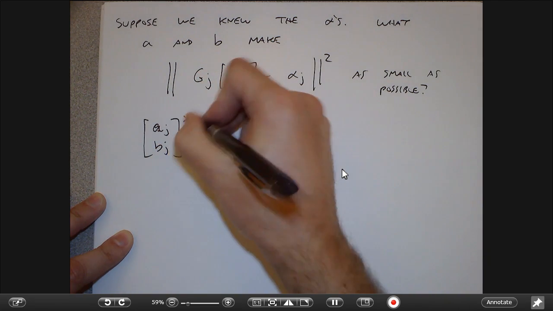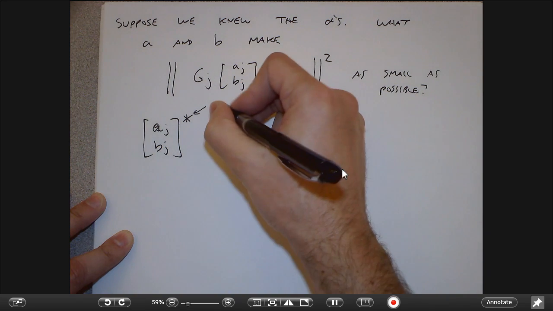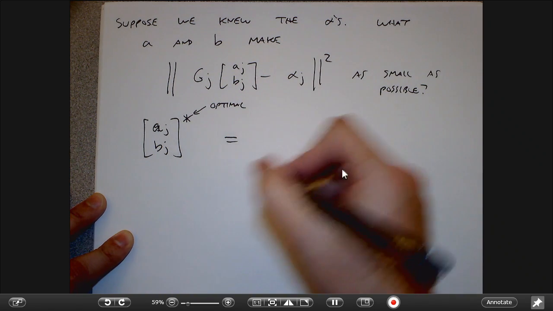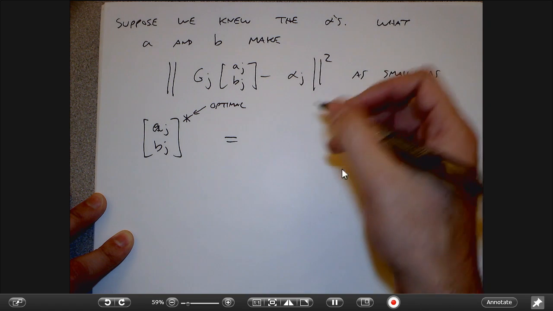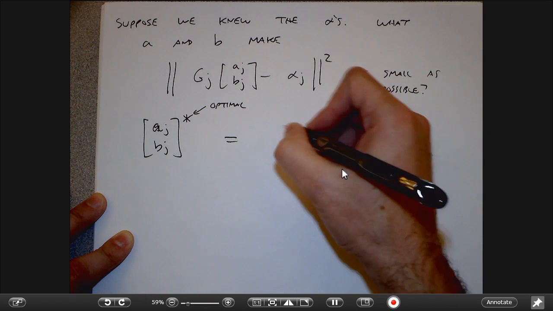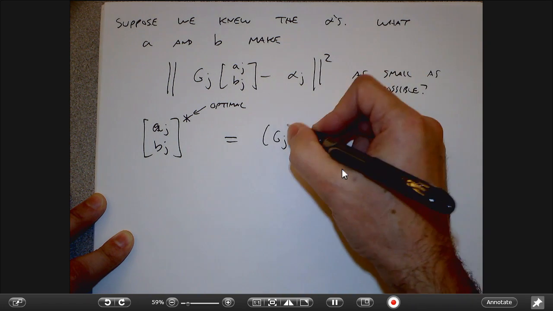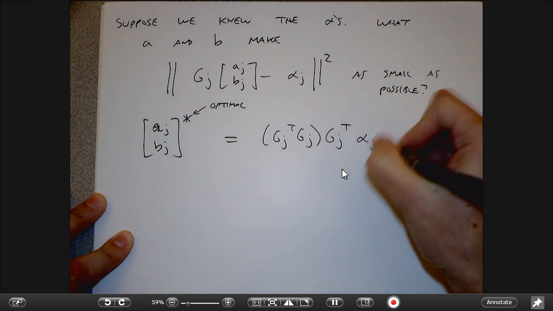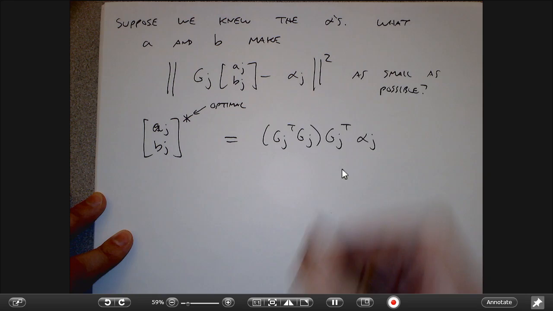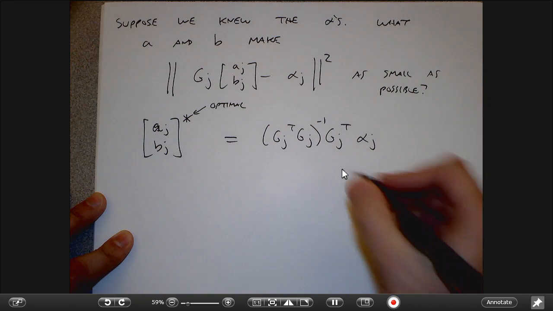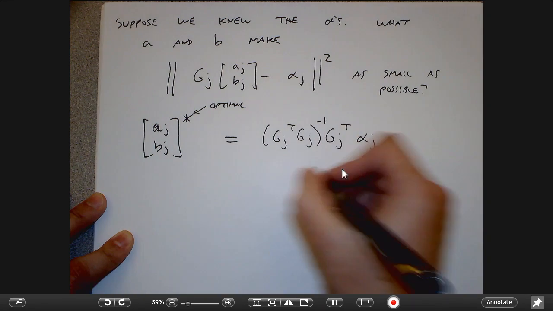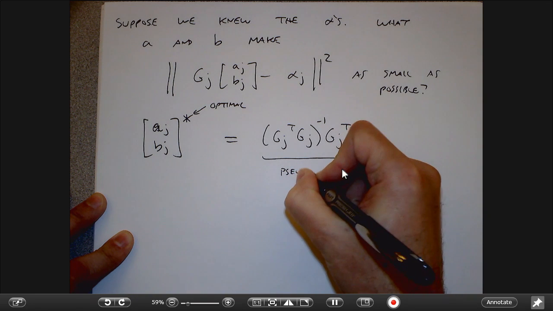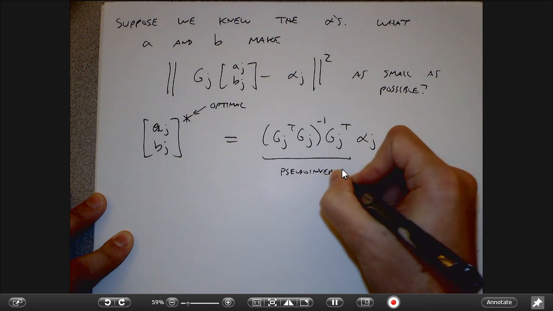and I'm going to put a little asterisk to indicate this is the optimal thing I can do, is to basically do the pseudo inverse, right? So this is basically the pseudo inverse of this matrix.